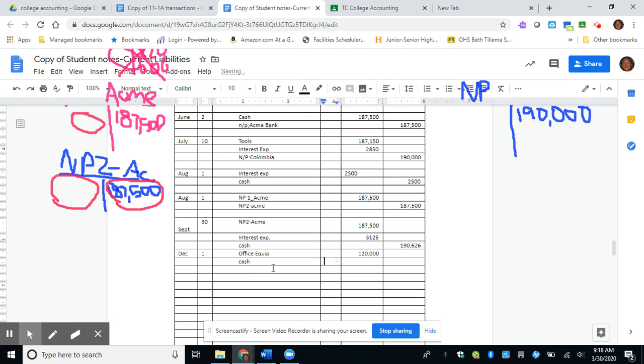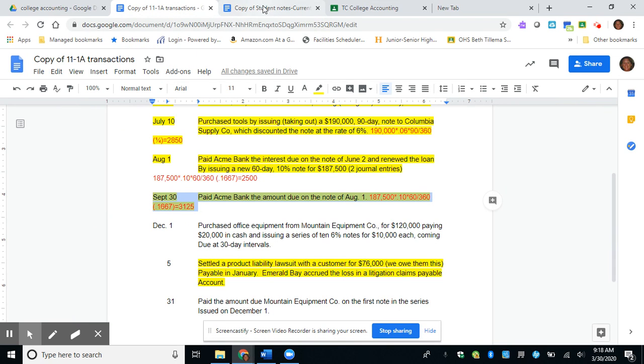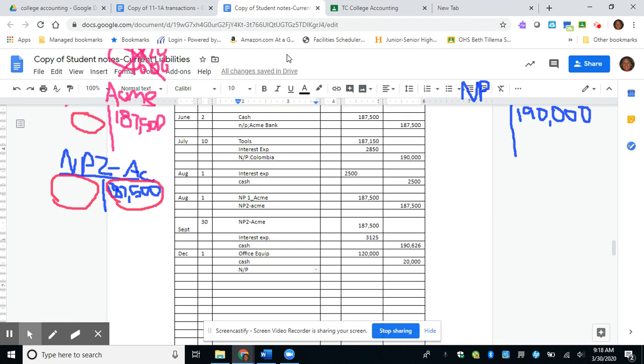I paid cash, which is going to be a credit of $20,000. And even though they're a series of notes, I'm just going to call them a note payable. And that is going to be money that I owe to Mountain Equipment. And that's going to be $100,000.